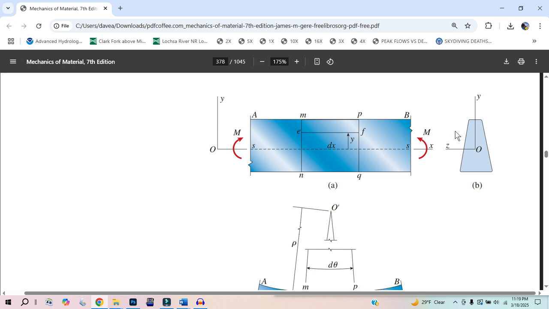So when we go to a cross-sectional side of this, that z direction is coming out of the page, and that's going to be to the right of this cross-section. And so here's the cross-section, and we see that the z-axis is to the right. And as long as you go in order, if we put our 4 fingers in the direction of x, swept them into y, your thumb will point in the z direction.